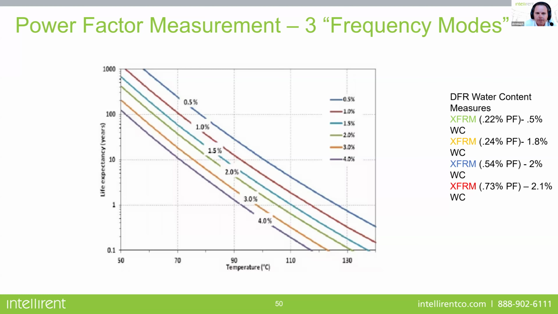So it's a big difference being able to measure that and then being able to dry it out too. And now there are even online dry out systems that you can perform and still keep the transformer in service.